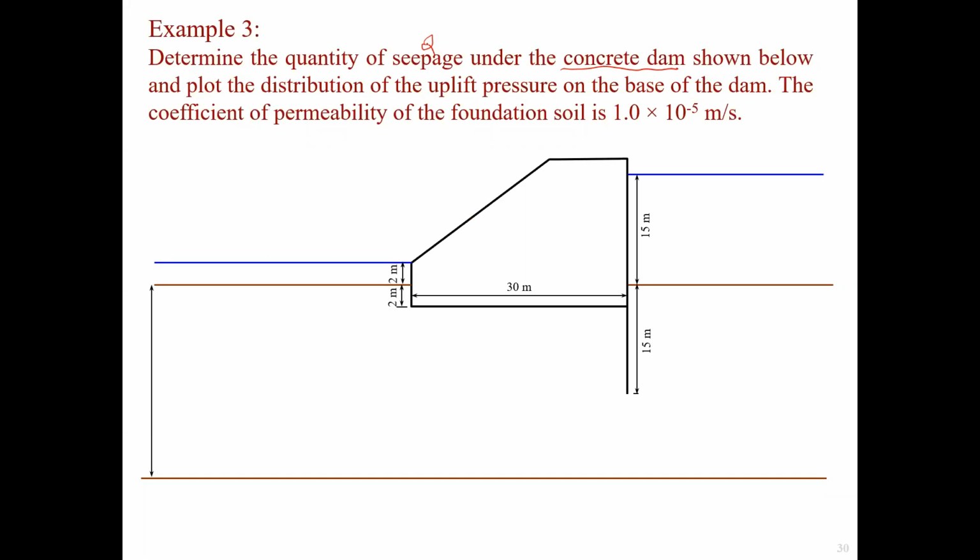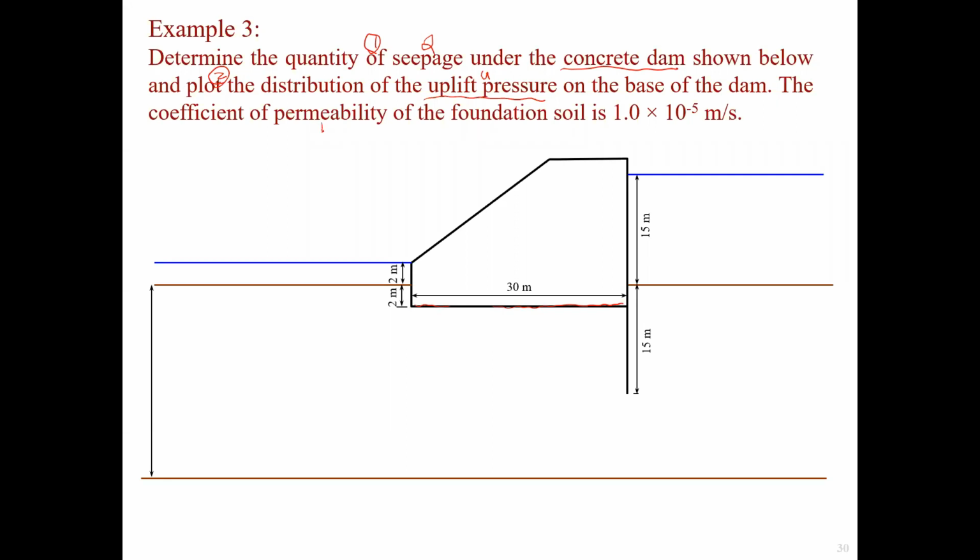We need to firstly calculate the quantity of seepage, and then we plot the uplift pressure, meaning the pore water pressure. So the second question is, we need to plot the pore water pressure distribution on the base of the dam. This is the dam, and that's the base of the dam. So we need to plot the pore water pressure U on the base of the dam.